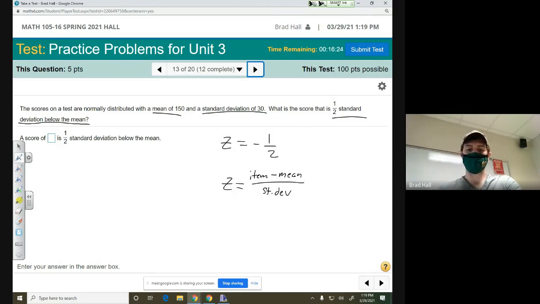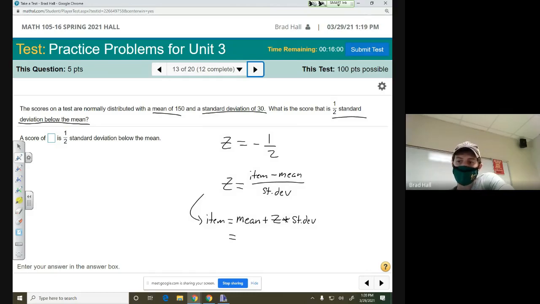We need to figure out the item. So the formula I gave in class, well, there's a few iterations of it that you could use. This was one of the iterations I wrote down in class.